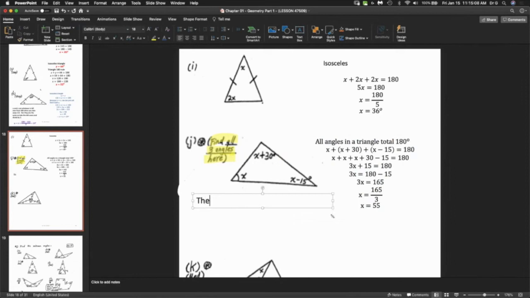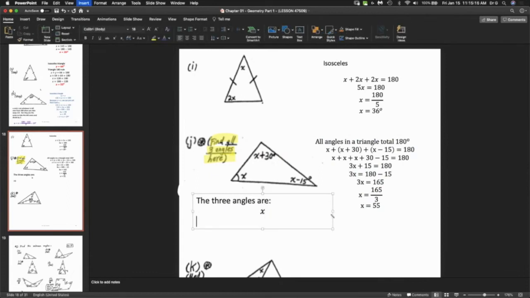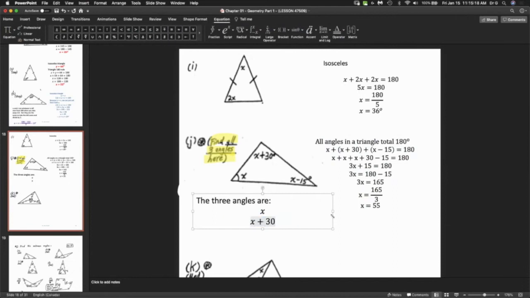So the three angles are x, x plus 30, and x minus 15. So we have to plug in x here to be complete with the question. So the first angle is definitely 55.